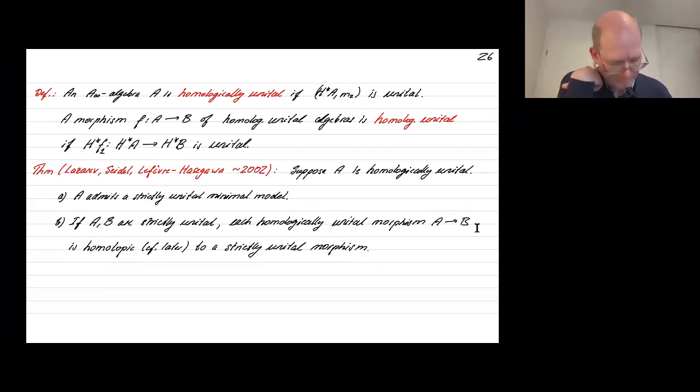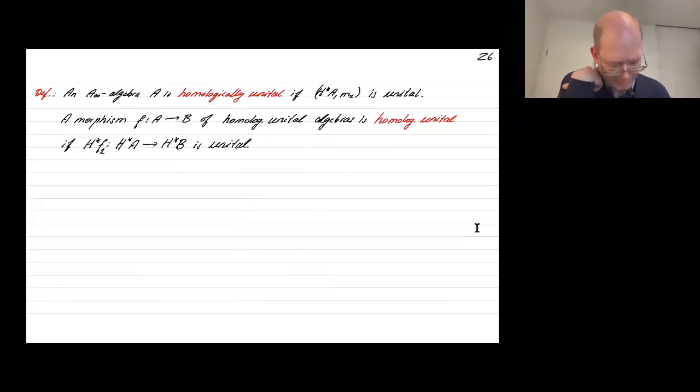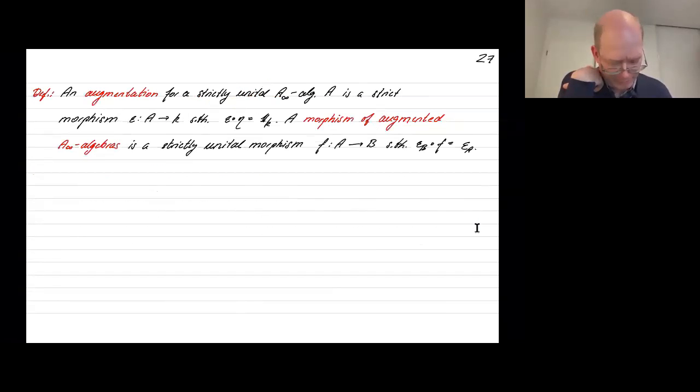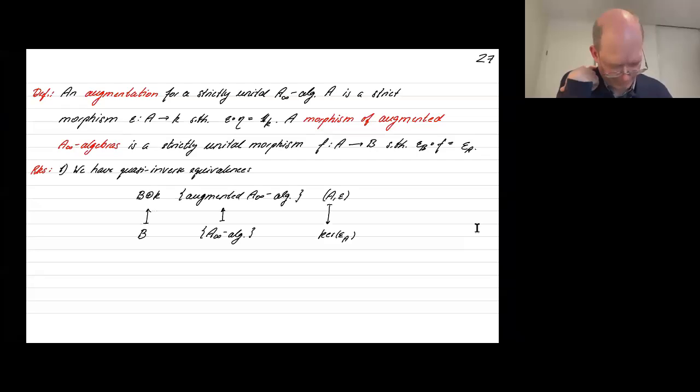So this is the story about units. And then we have the notion of augmentation, which is also often useful. It's defined in the same way as for classical algebras, and the notion of morphism of augmented algebras is also the natural one.